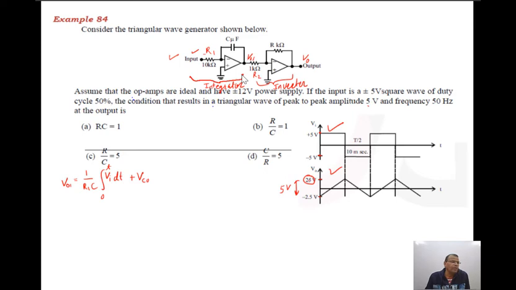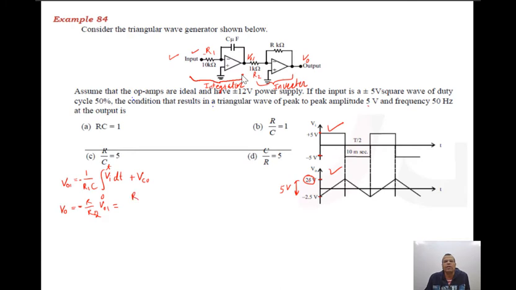So now I can write the output of the second circuit, and there is a negative sign here, so that can be written as R upon R2 with a minus sign into V01.